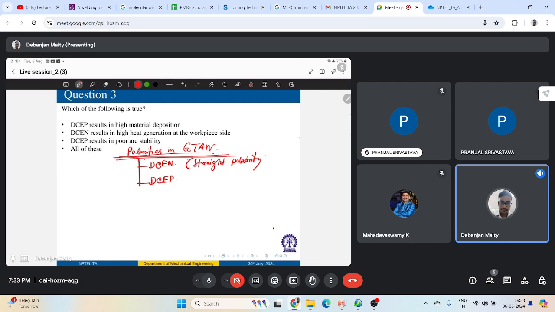The other one is called reverse polarity, right? Now in straight polarity, your electrode is connected to the negative terminal of the power supply. If DCEN is there, the electrode is connected to negative and the workpiece is connected to positive, right?